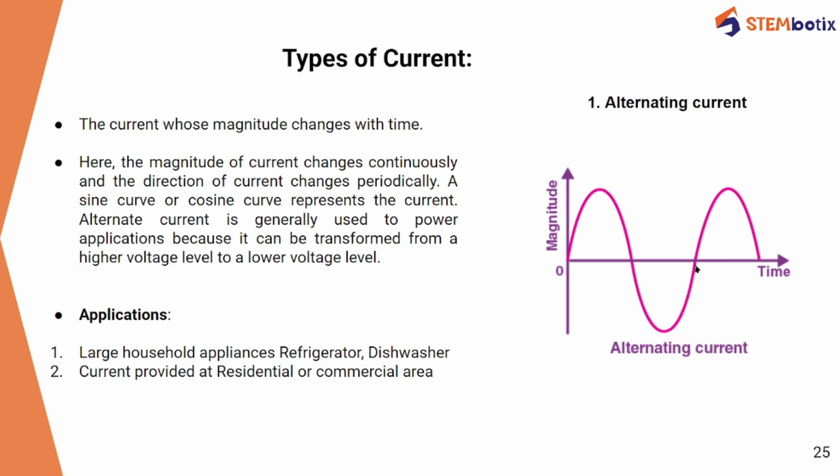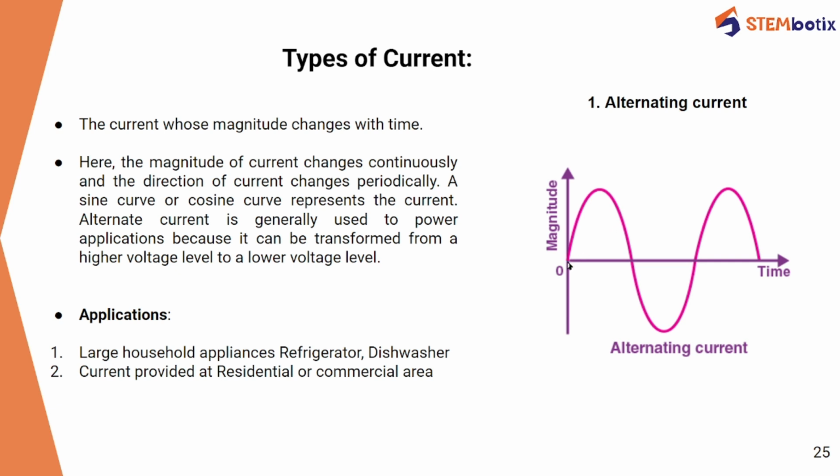Sinusoidal wave means the magnitude is changing with time, which means it is not constant. So here with time the magnitude is changing. Magnitude of what? Magnitude of current. So the magnitude of current is changing with time, hence this kind of current is called alternating current.